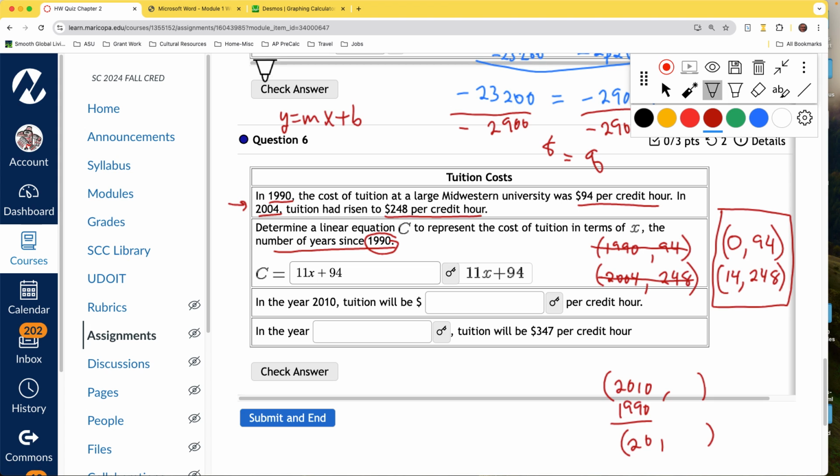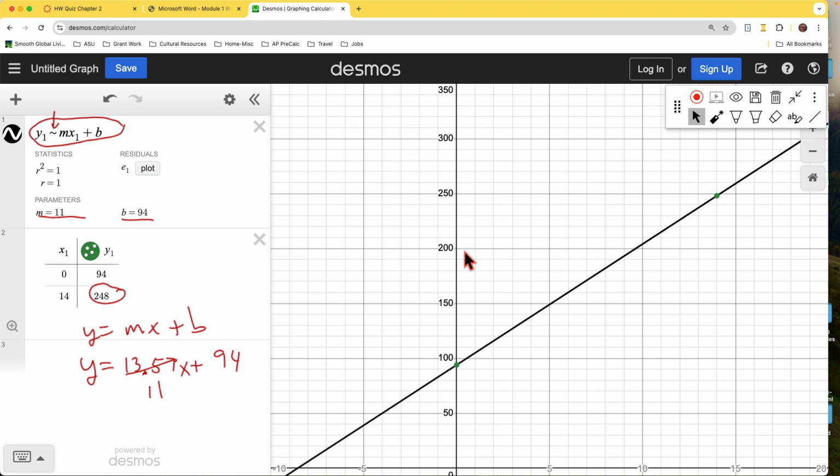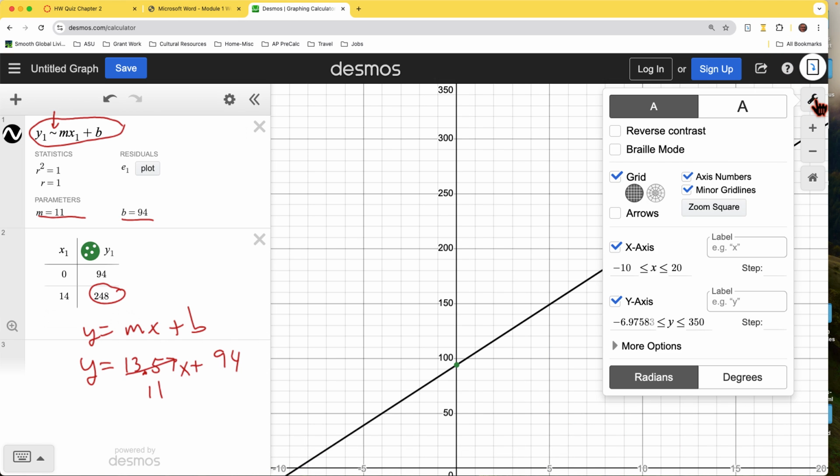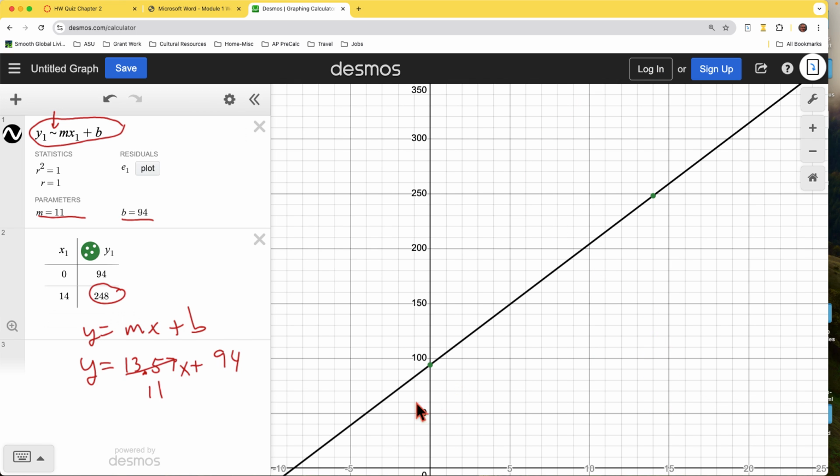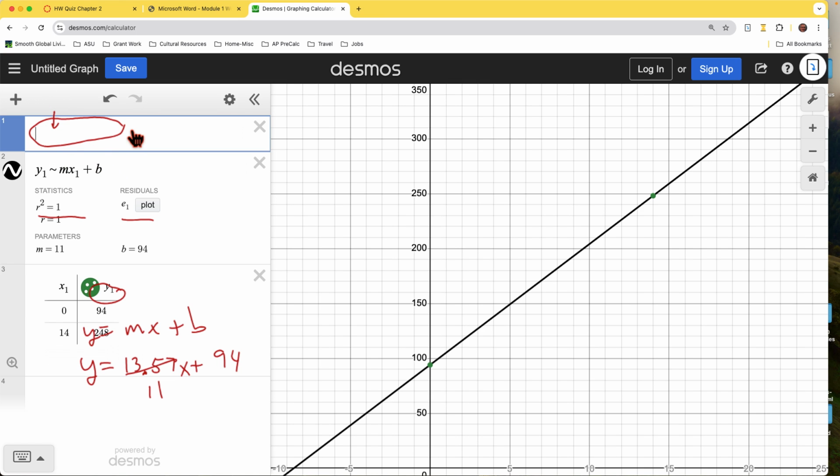Watch what I can do here with Desmos. I did go out to 20. I'm going to go a little bit further. I'm going to have my x values go out to 25 so I can see this a little more clearly. What I'm going to do is put in one more expression: x equals 20.